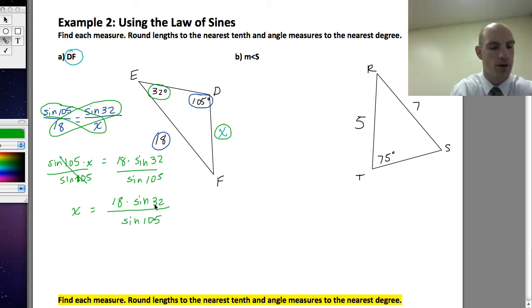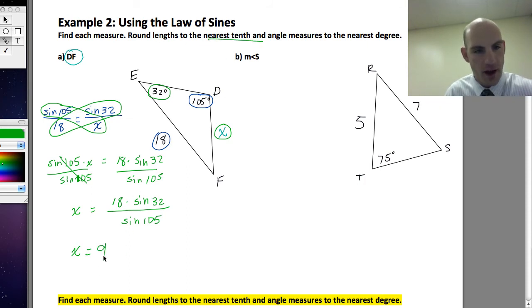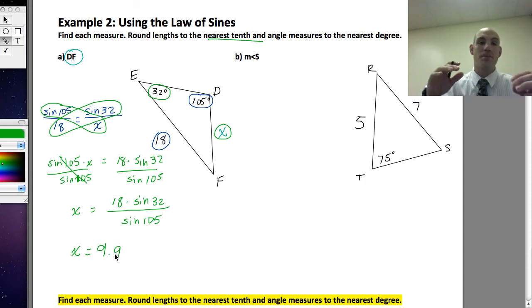Make sure we're in degree mode, and I'm going to do 18 times sine 32 and divide that by sine of 105. X is equal to, and I'm rounding the lengths to the nearest tenth, so that's going to be 9.9. So you see how this works. That was a comparison because I was able to use the law of sines because I had the angle and a side opposite of it.